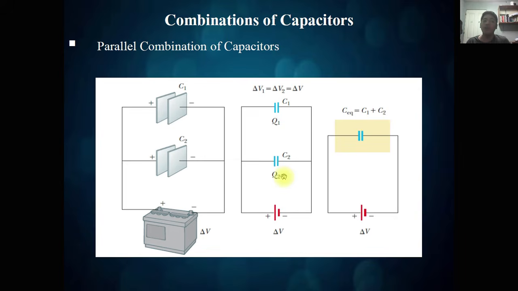To get the total charge in this circuit, we must add the charge at capacitor 2 and the charge at capacitor 1. The only time they will be equal in charge is if they have the same capacitance. But if they don't have the same capacitance, definitely they don't have the same charge.